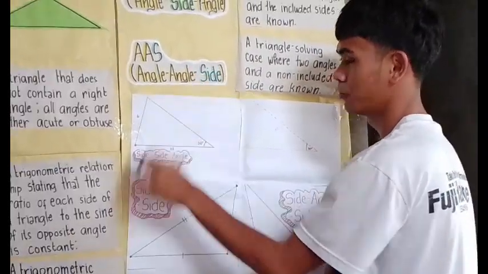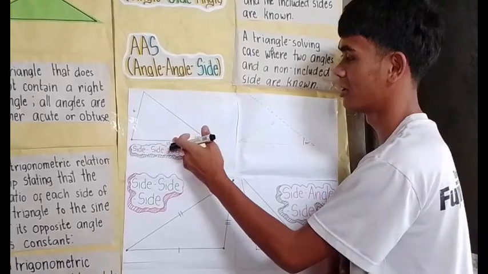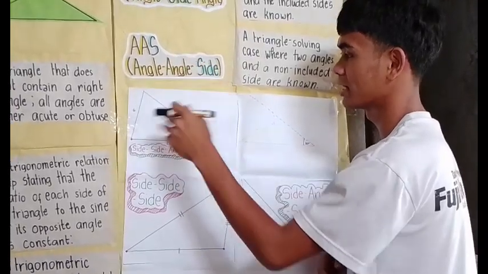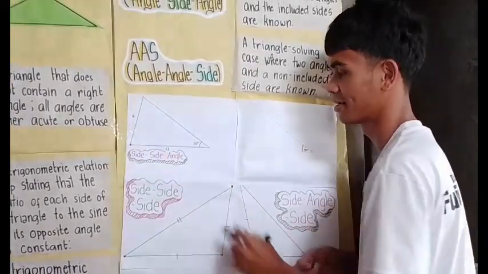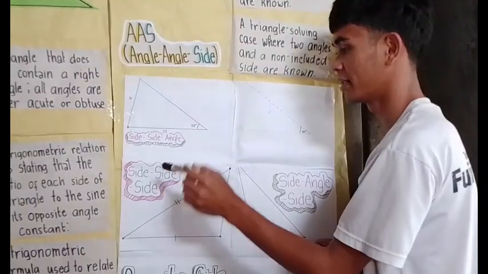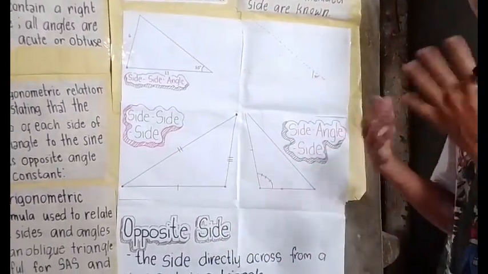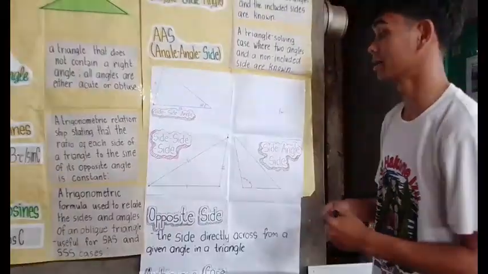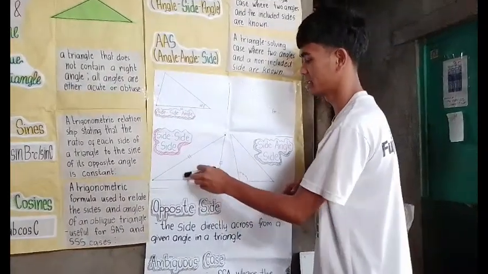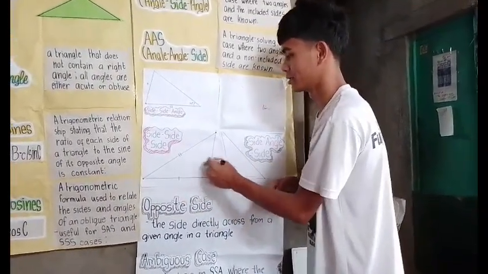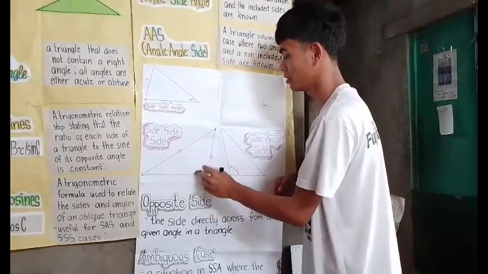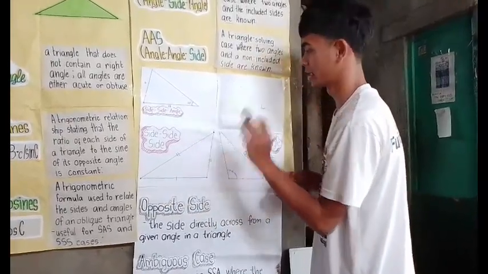It's not a complete measurement of the triangle, but it has three measurements. The other one is side-side-side, where all the sides are given, like 1, 2, 3, but none of the angles are given.